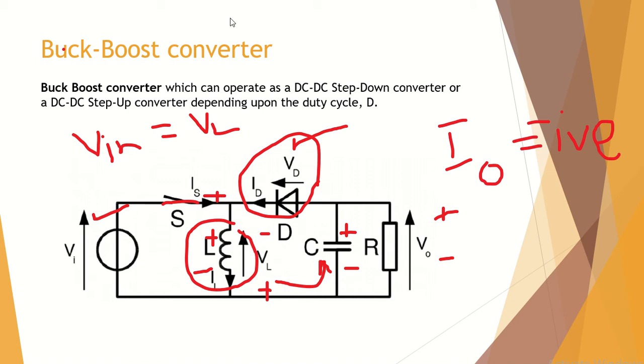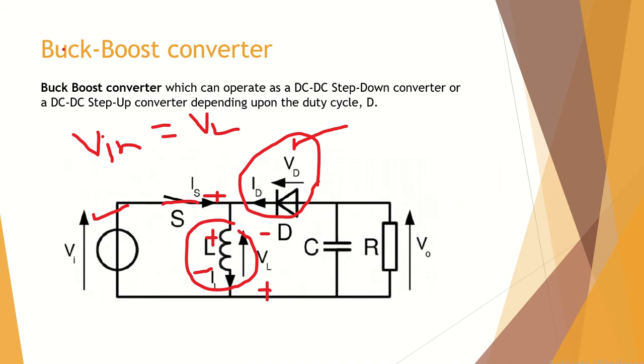So again, when the switch will be closed, because the capacitor is charged like this, what will happen? The current will flow. See over here, one minute, let me erase this one. The capacitor is charged like negative of VC.